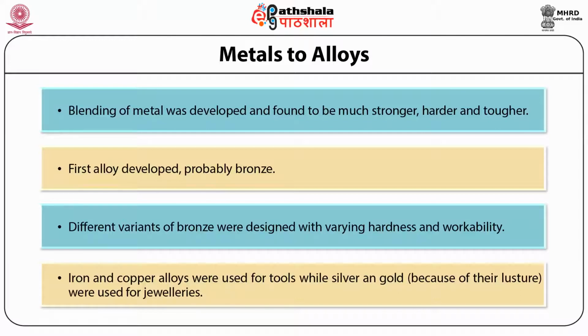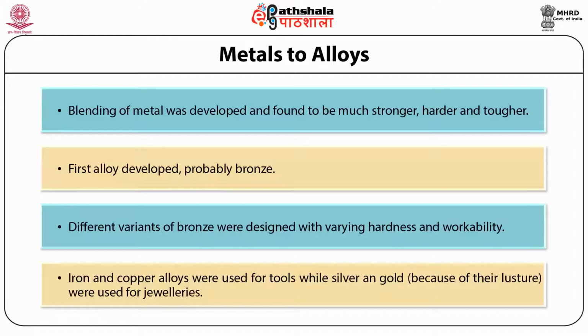Gradually, other applications were also realized, like copper for vessels and ornaments; tin, gold, and silver for ornaments; and silver, brass, and bronze for coins, etc. Two metals in particular were considered to be precious metals, gold and silver, because of their shining nature and more particularly their tarnish resistance.